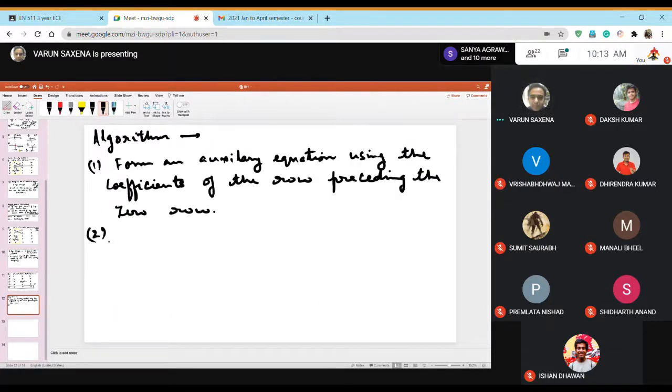Second, we evaluate dA by ds, where A is the auxiliary equation. So we evaluate dA by ds and we get some expression. Okay.